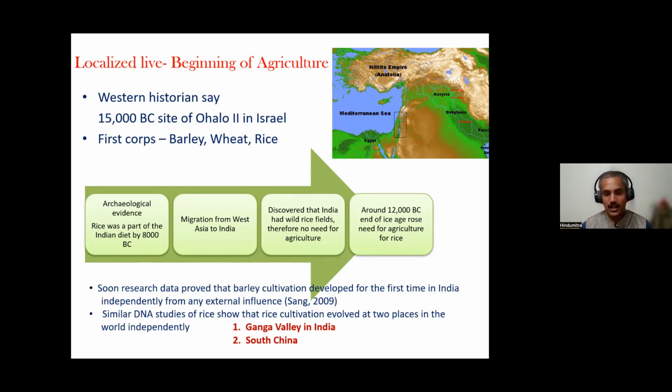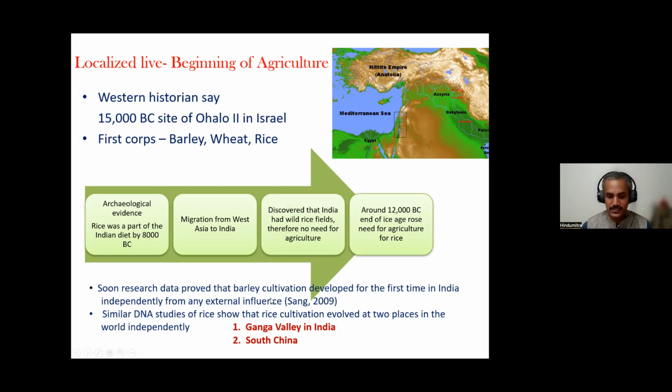Another piece of evidence which refutes this claim is that around 12,000 BC, the end of the Ice Age, is when the need for agriculture actually arose. Before that, it was plentiful and available. From the last 10 years, new data has poured in, showing that barley cultivation developed for the first time in India independently of any external influences.